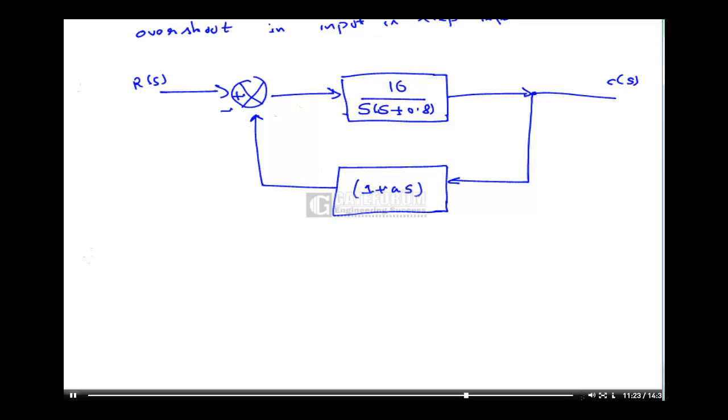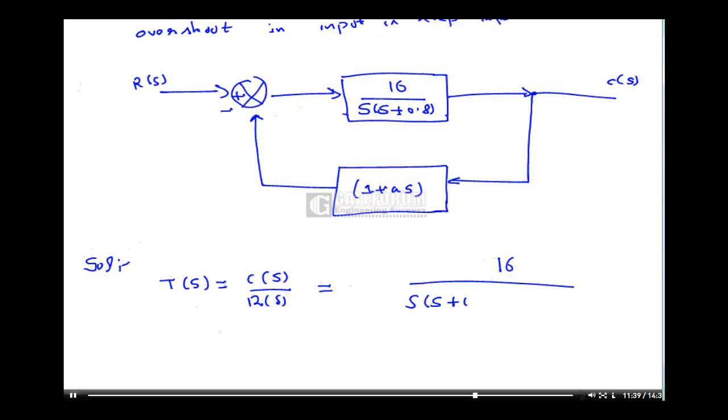Now the solution. The overall transfer function, which is C(s) by R(s), is equal to 16 upon s into (s plus 0.8) plus 1 plus As. This is equal to 16 upon s square plus s into (0.8 plus A) plus 1.